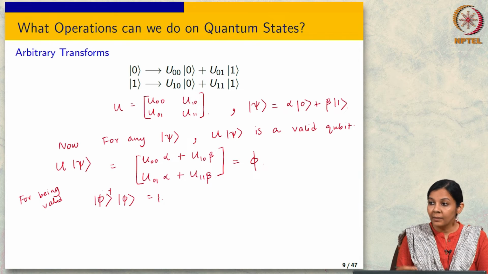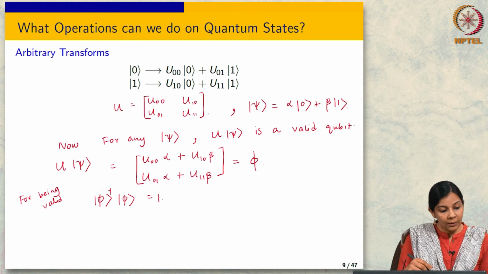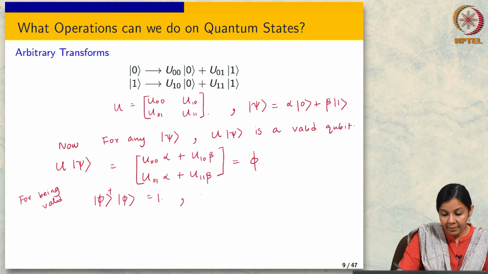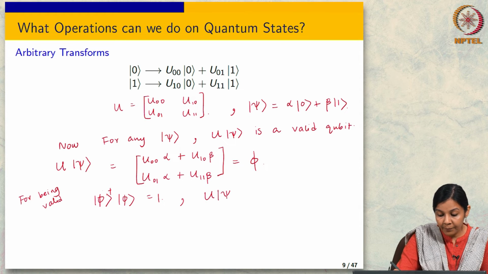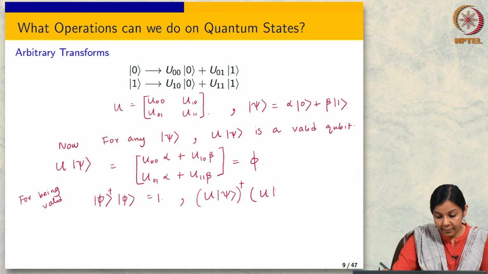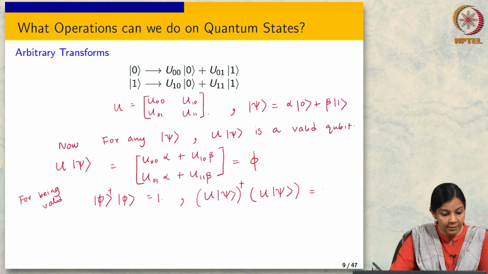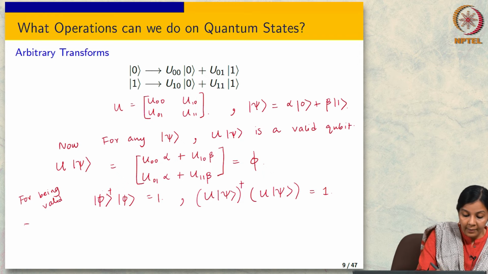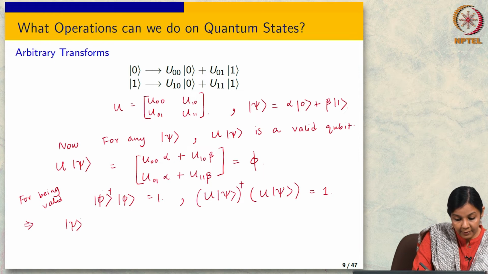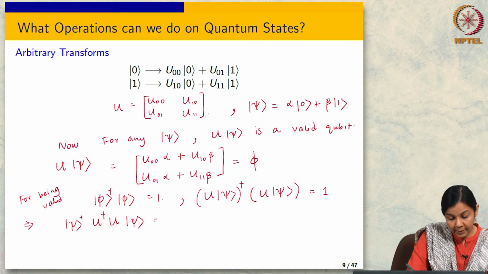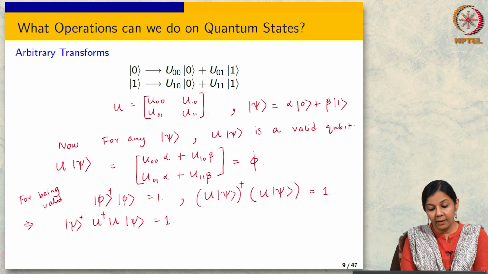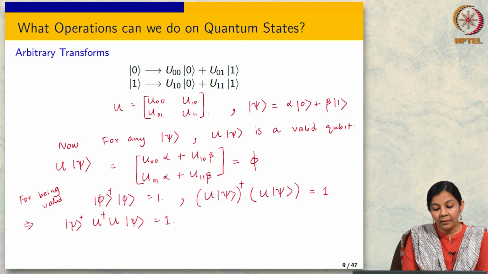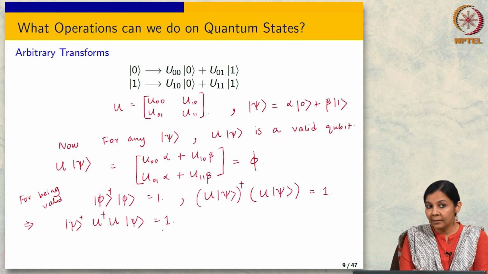This is the normalization constraint that we are after. So, now what does this give me? I can write this in terms of my u psi, so this dagger should give me 1, and just expanding it out, this gives me the condition that psi dagger u dagger u psi is equal to 1.